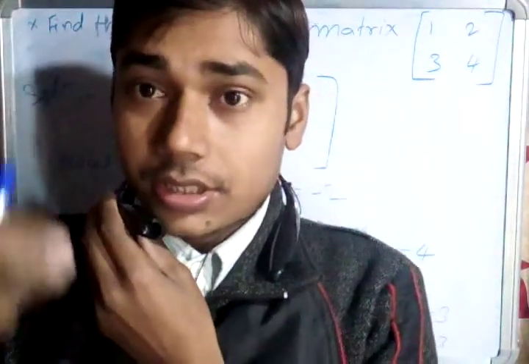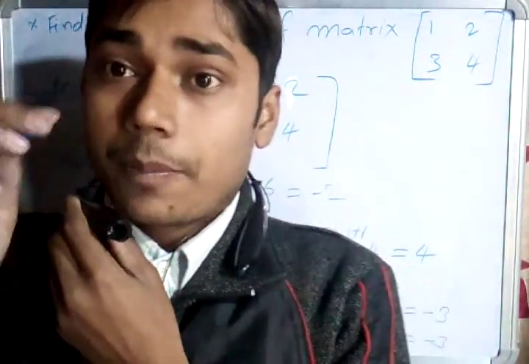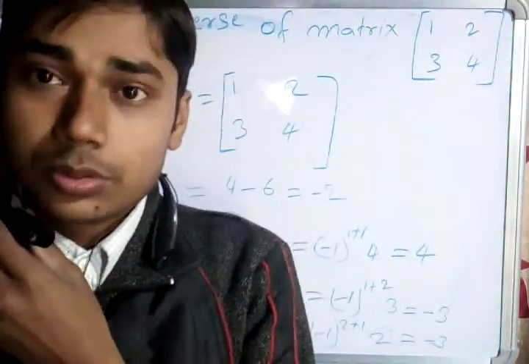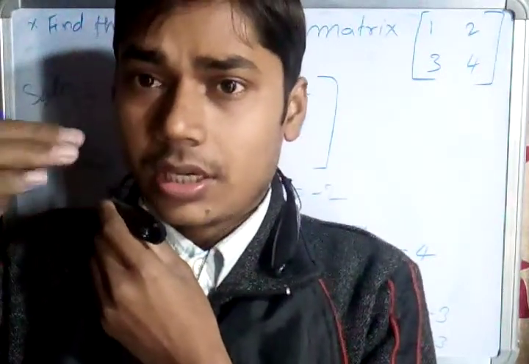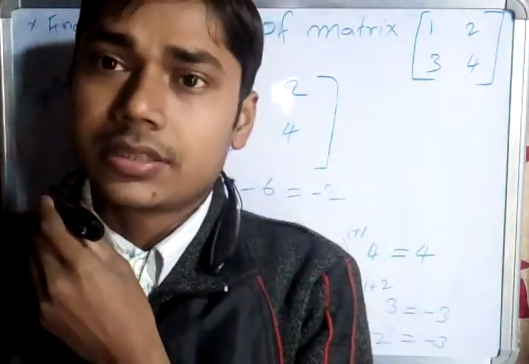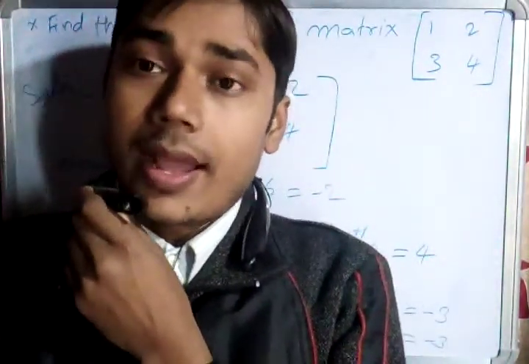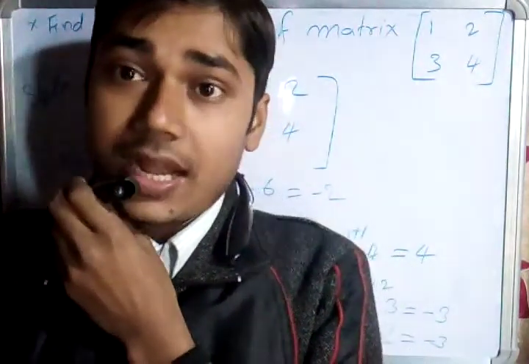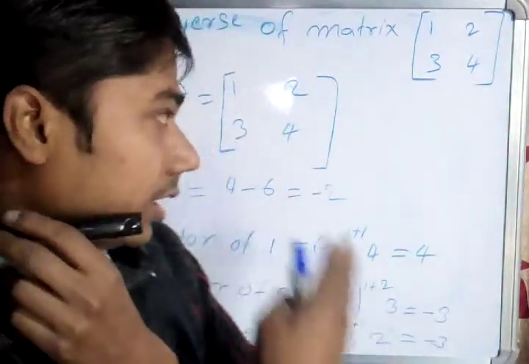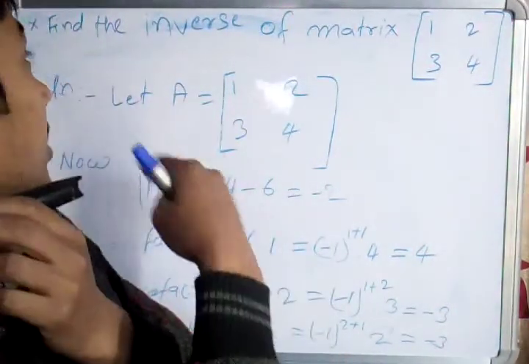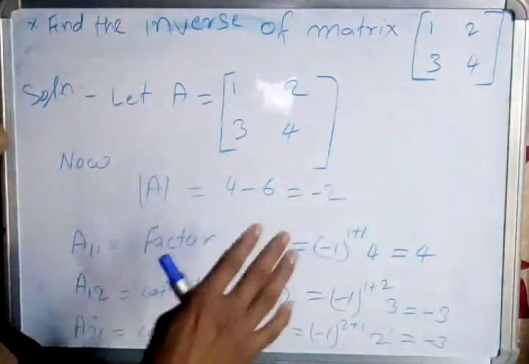Today we discuss a very important question for 12th class related to the inverse matrix: how to find the inverse of a square matrix, where the number of rows and columns are the same.